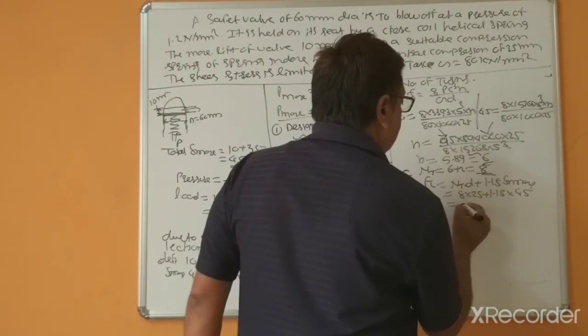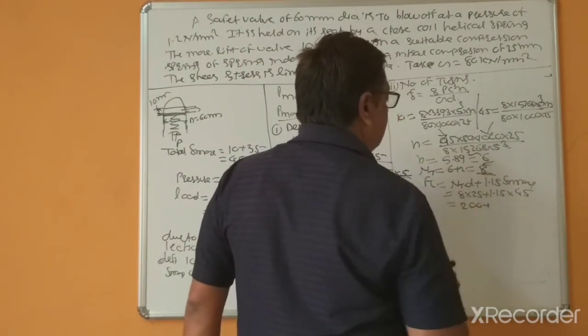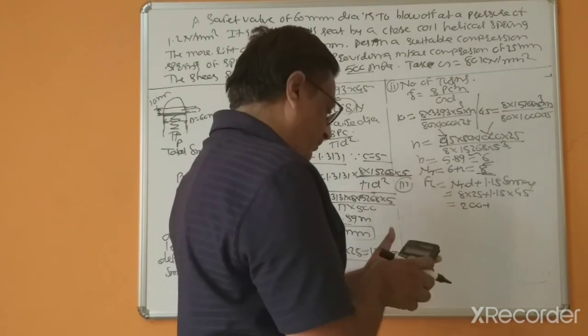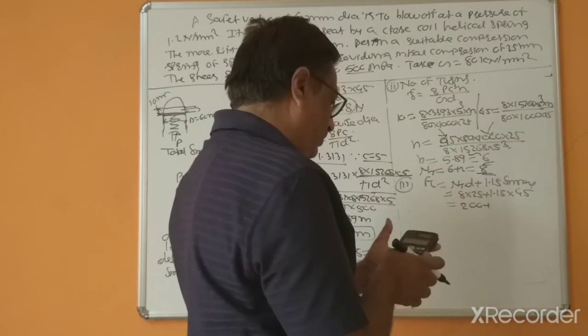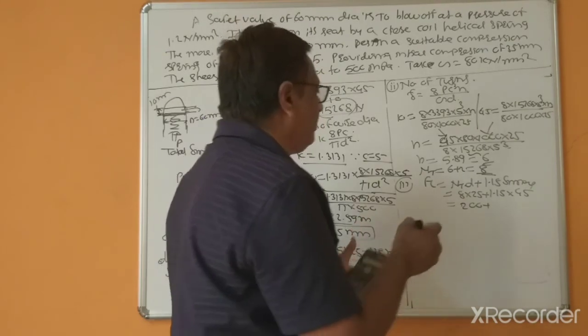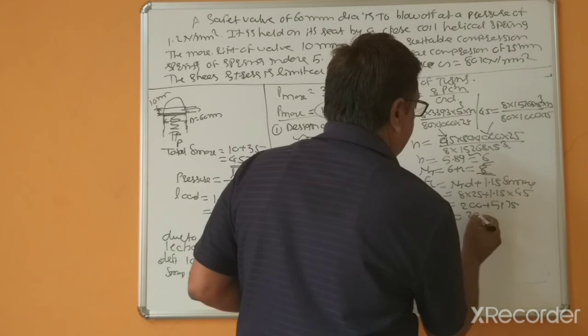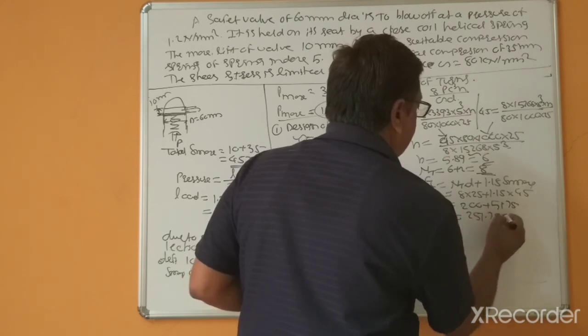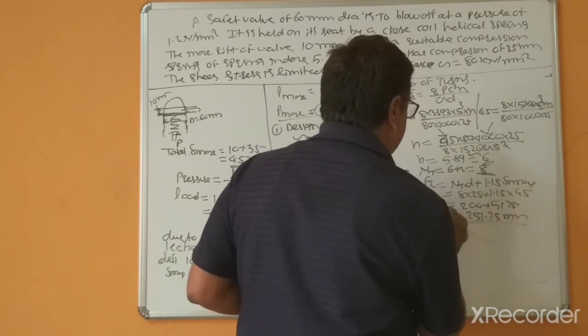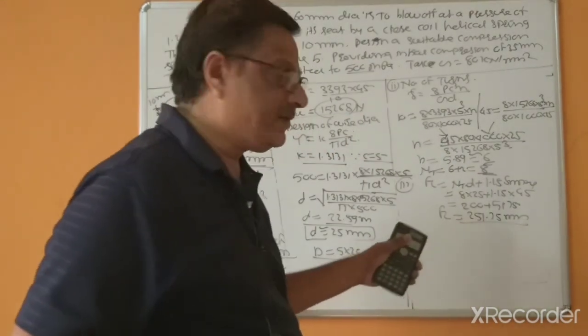This is 200, and 45 multiplied by 1.15 is 51.75. So this is 251.75 mm, the free length of the spring without load.